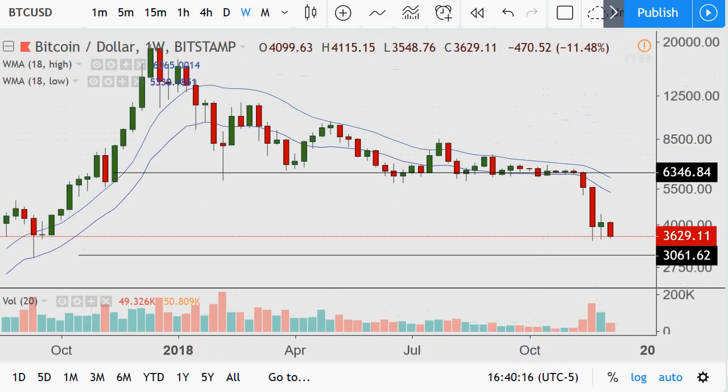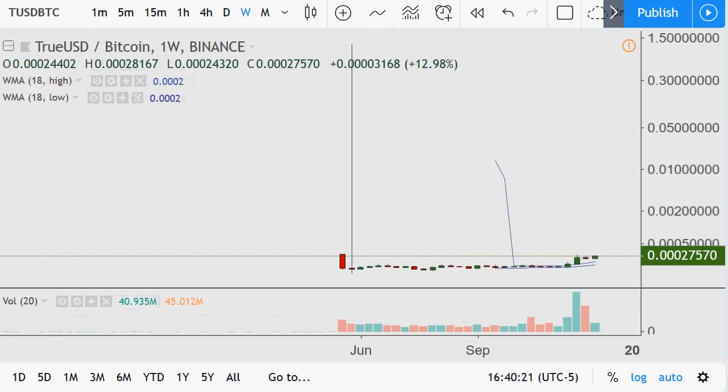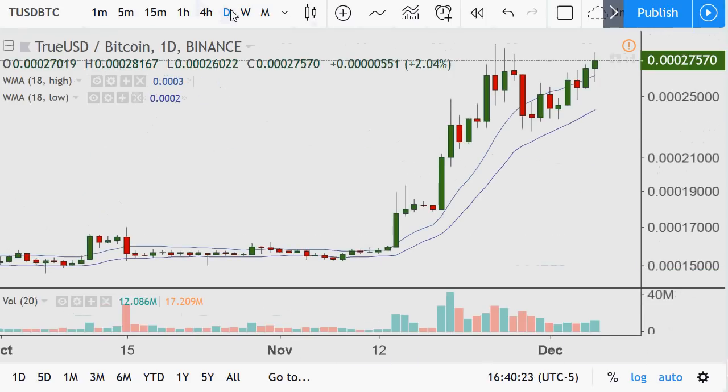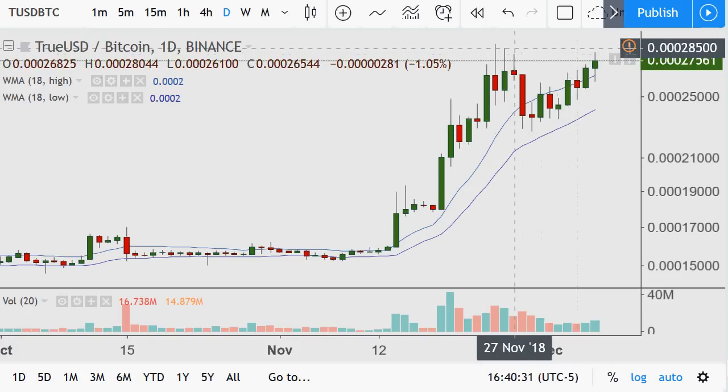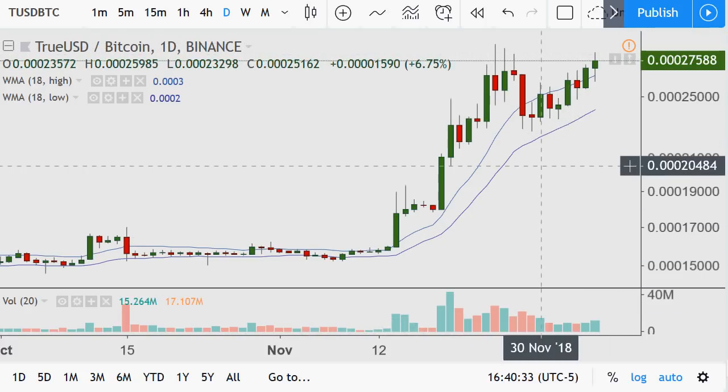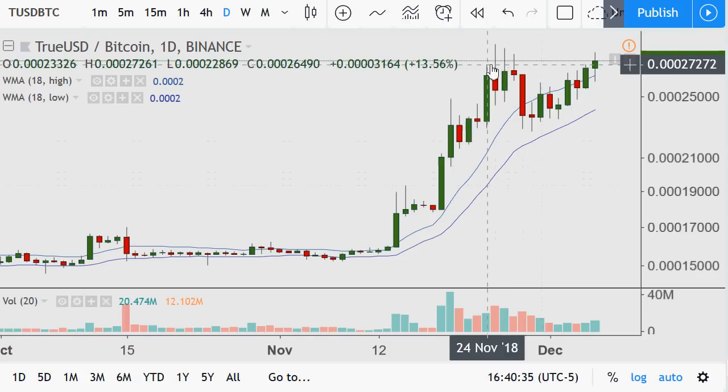But again, that would be done within the TUSD fund, and this is the weekly chart. So let's move this back to the daily, where $3,000 translates to 33,333 Satoshi. So that's where I would have my buy orders in place. If we look at some Fibonacci upside, we've got a high here at 28,832.